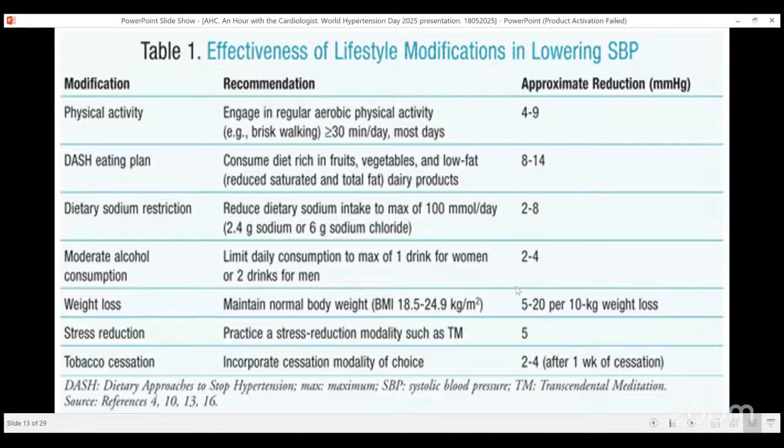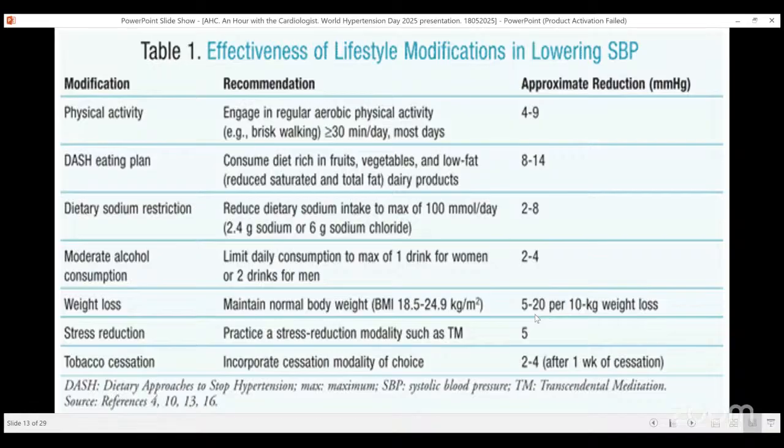Blood pressure reduces by 5 to 20 millimeter mercury for every 10 kg weight loss. So somebody that is weighing 100 kg, by the time the person reduces to 90, some blood pressure would also have gone with the weight that is shed.